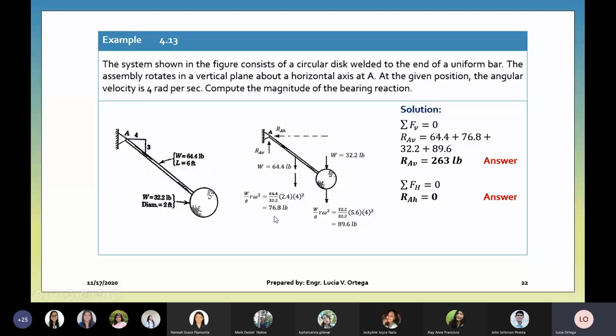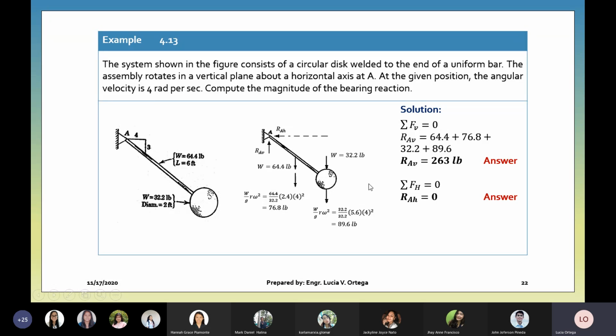You check for the radius. So 4 square. And then for this one, the weight is 32.2. So the inertia force is 32.2 over 32.2 times the radius. So that is the equivalent horizontal distance that is up to the center. So this is 6 plus the radius. The radius is 1, so it would be 7.